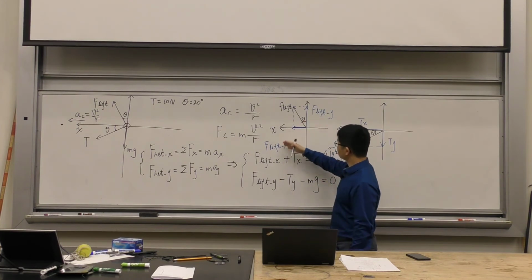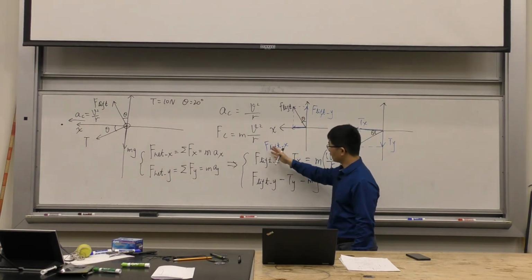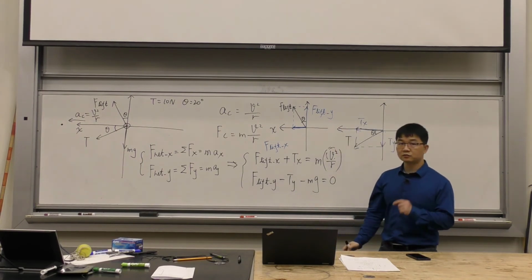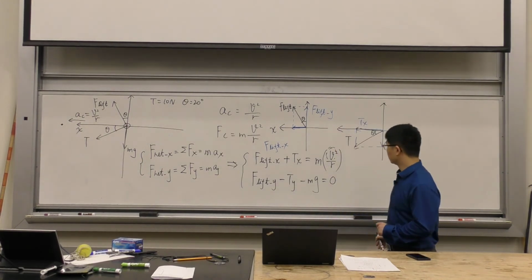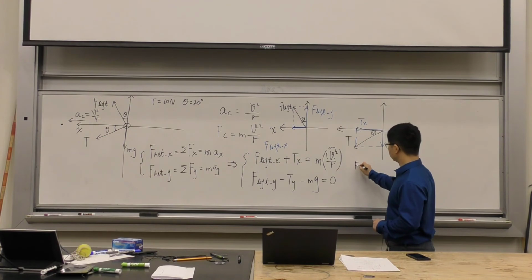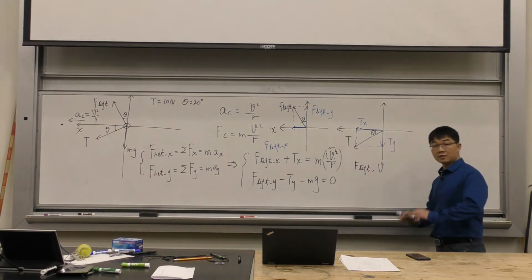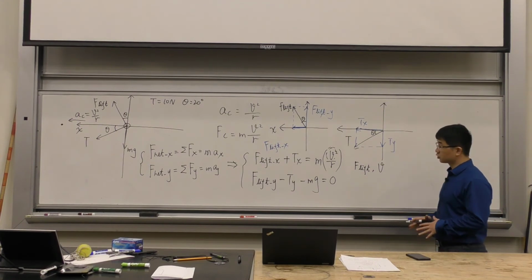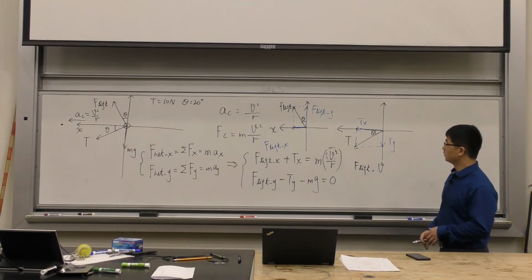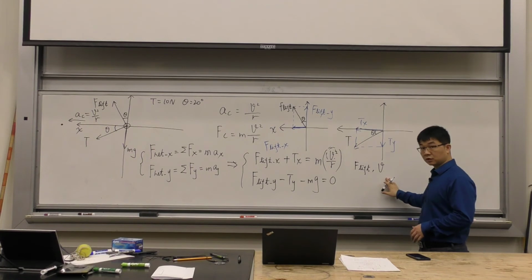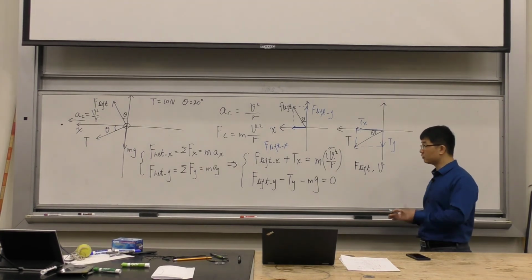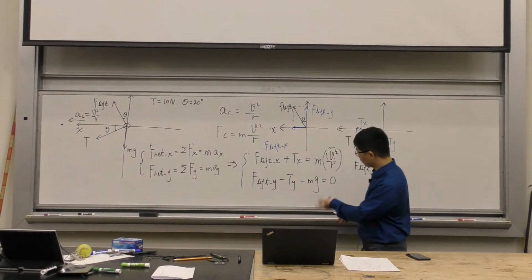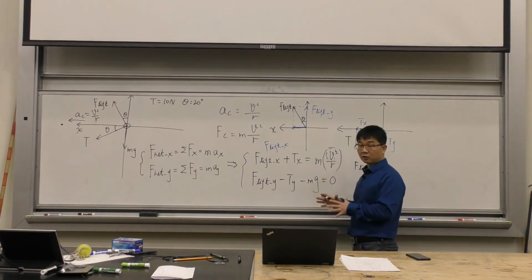If you put this lifting force and sine cosine theta in these two equations, how many unknowns do you have in total? You're going to have F lift, and you're going to have v, and that's it. Okay, don't be afraid of so many symbols. At the end, only these two symbols are the variables you don't know. Everything else, like theta, Tx, Ty, mg, you will get all these numbers.